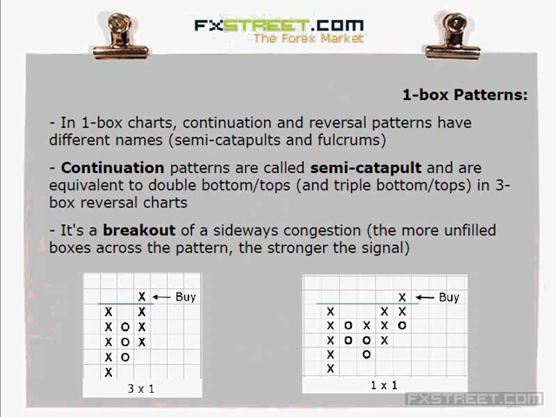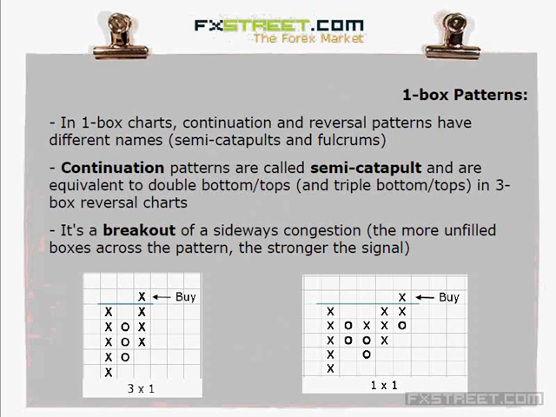We started by constructing 1 box reversal charts, because they are perhaps the ones that transmit price action with more accuracy, because they show literally every change that the tick data is printing on the tape.